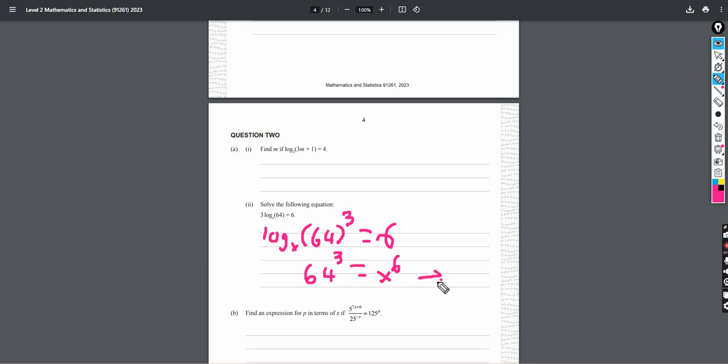And then by inspection you can say that 4 to the power of 3 is 64. Oh, that's no use to us, is it? Okay, I guess just take 64 cubed to the power of a 6th, which is equal to x. So that's going to be the square root of 64, which equals 8.